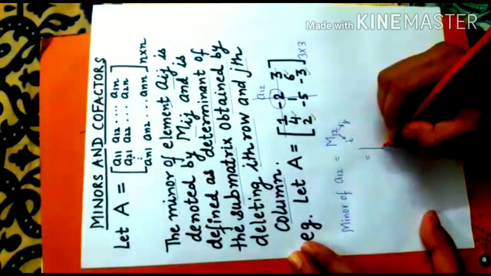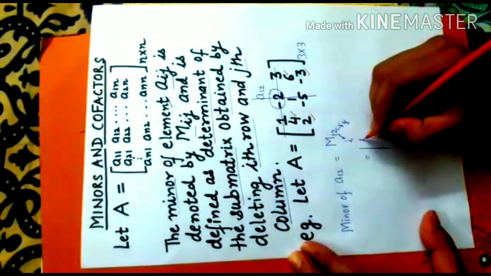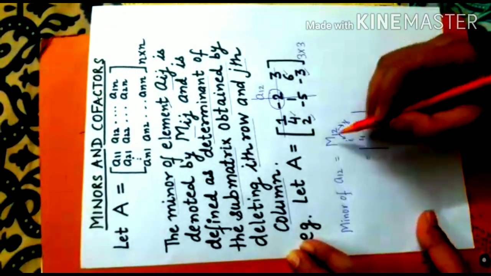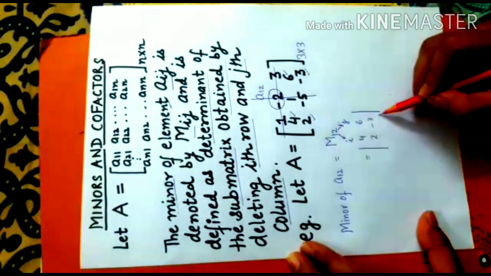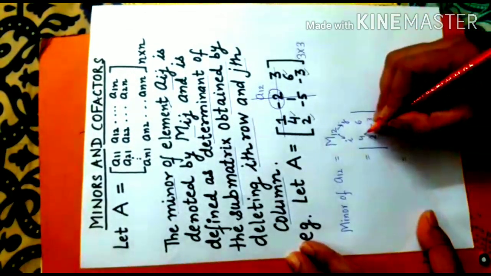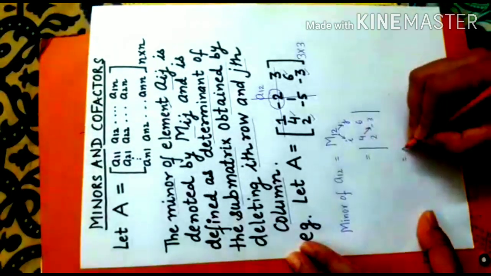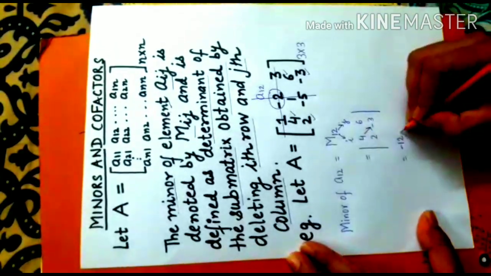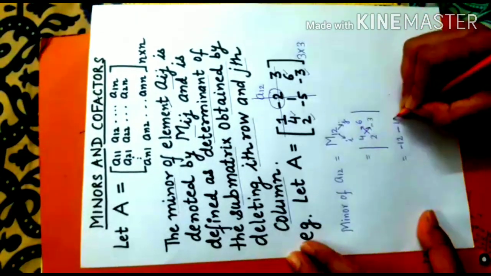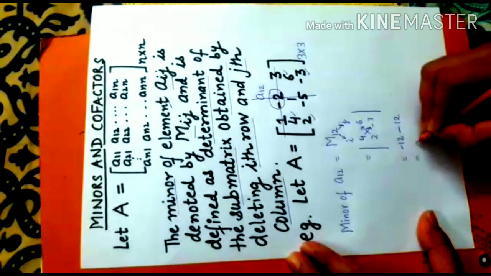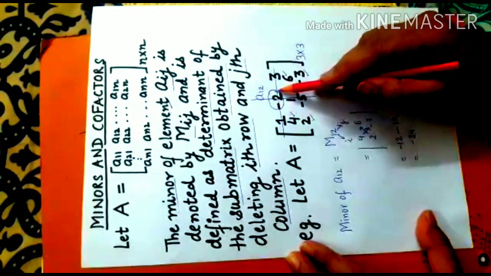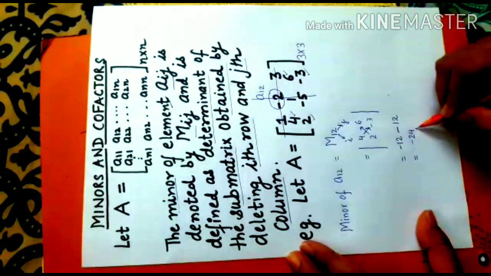The determinant of this submatrix is equal to M12. This is a 2 by 2 determinant: the product of these two, that is negative 12, minus the product of these two, which is 12. So minus 24. The minor of this element is minus 24.